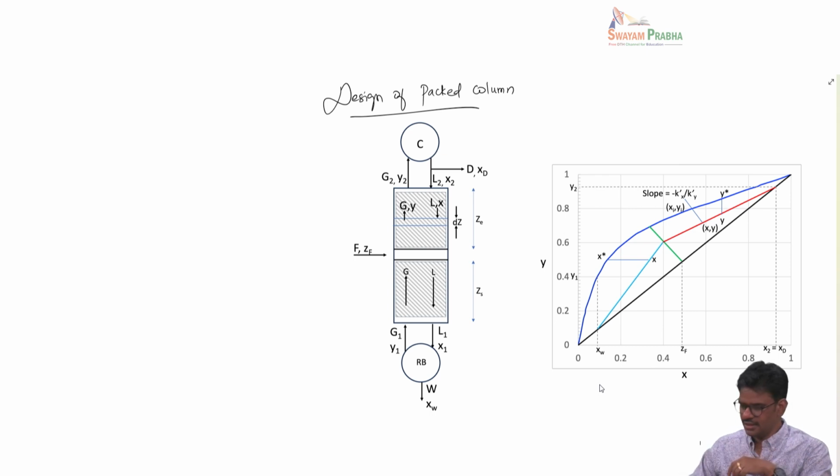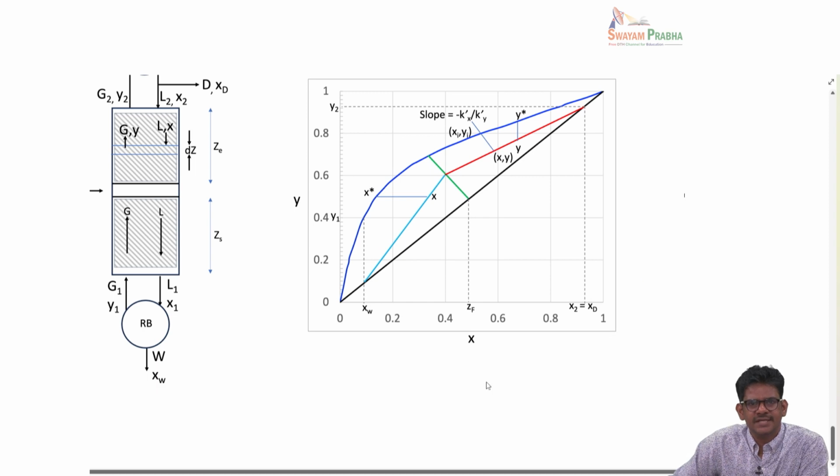Now, if you look at the equilibrium diagram, the x-axis is the mole fraction of A in the liquid, and y is the mole fraction of A in the vapor. The blue line here is the equilibrium line, and the black line is the 45-degree line.